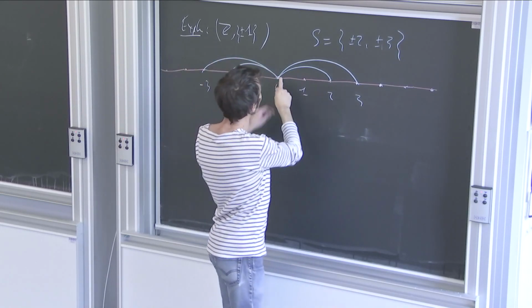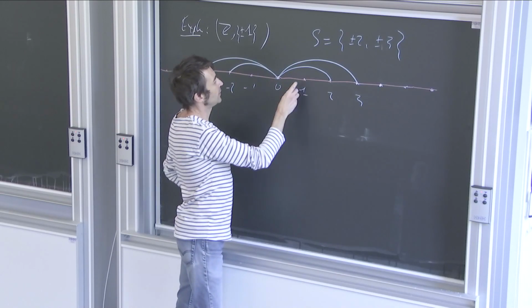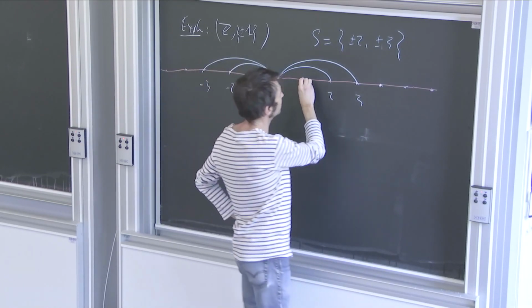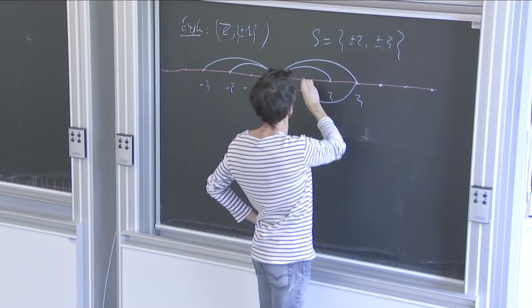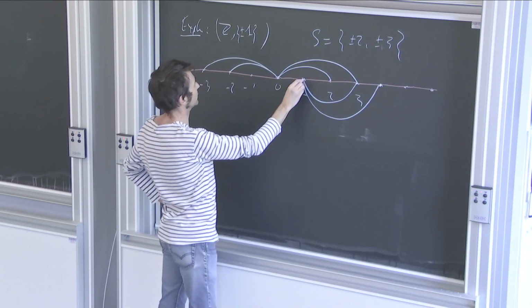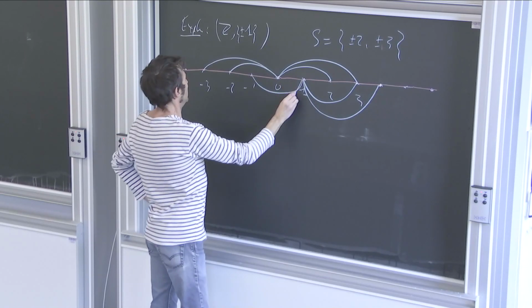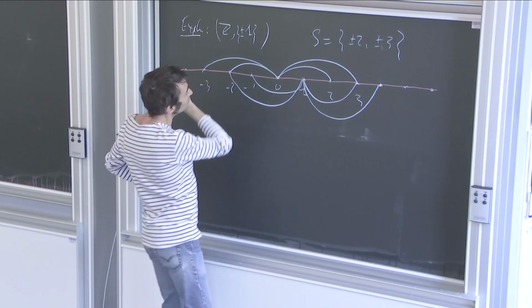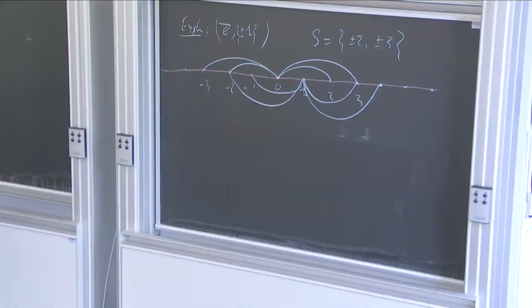From 1, I cannot go to 1 in one step. So from 1 I can go to 3 or to 4 and to minus 1, minus 2, and you continue like that infinitely.